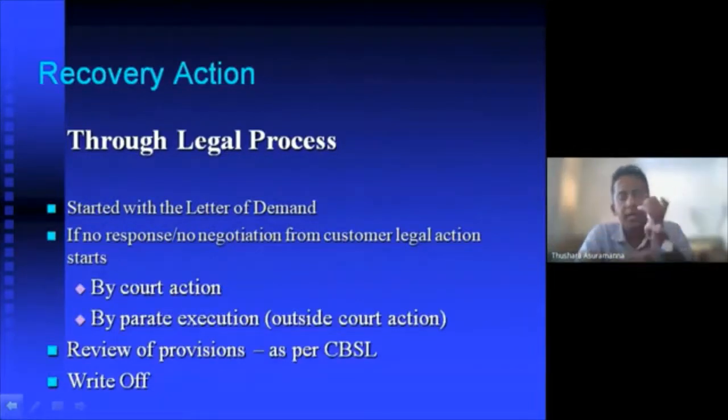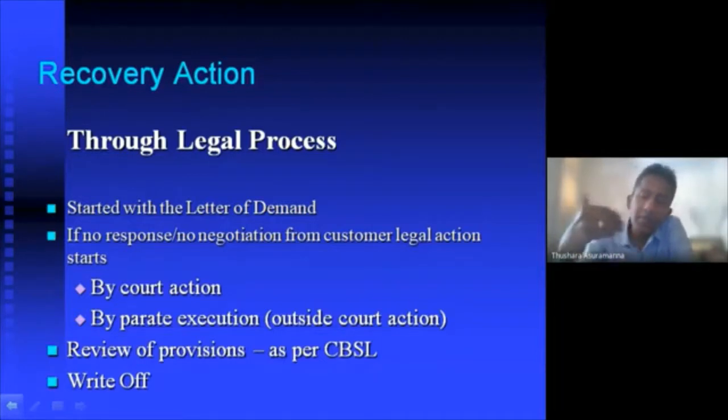It could be parate action, it could be arbitration, it could be debt recovery, it could be mortgage bond action, it could be, what you call, Samatha Mandala, exactly, I'm getting the word. So there are so many legal processes available for recovery purposes.